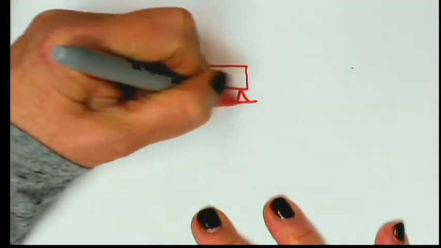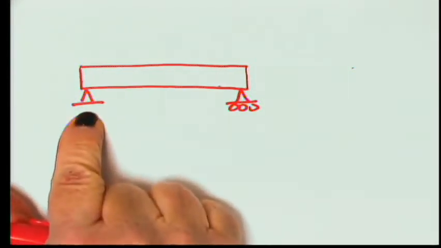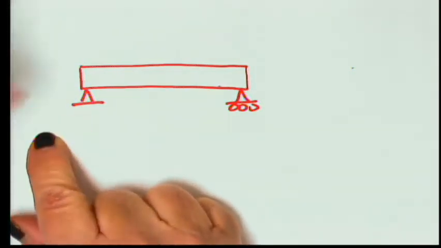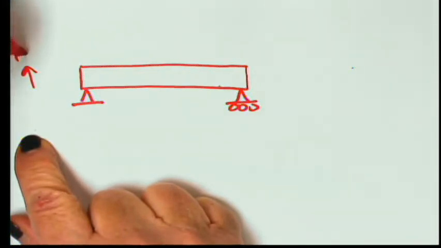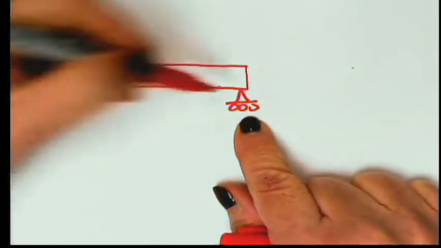The way that they draw a beam often looks like this, where this is a designation for a fixed support, meaning that it can bear a force in the y direction and a force in the x direction, and this is a rolling support.